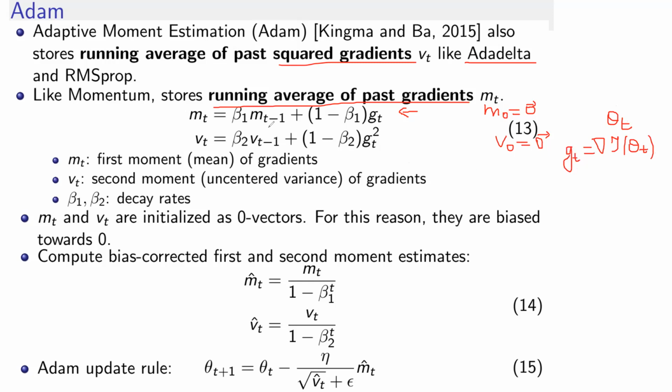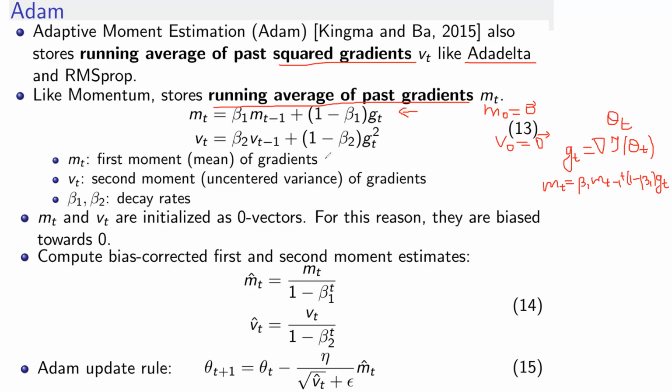Now we calculate the new momentum. So let's remember the previous momentum with some value beta 1, and we add 1 minus beta 1 times gt, which is already shown here.